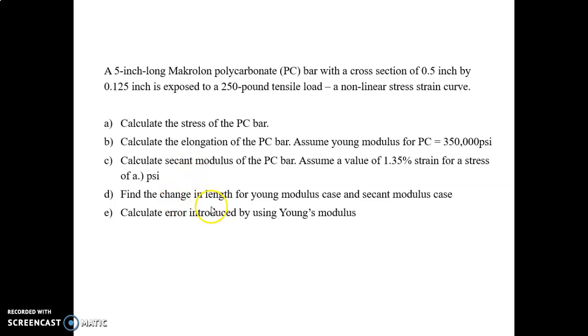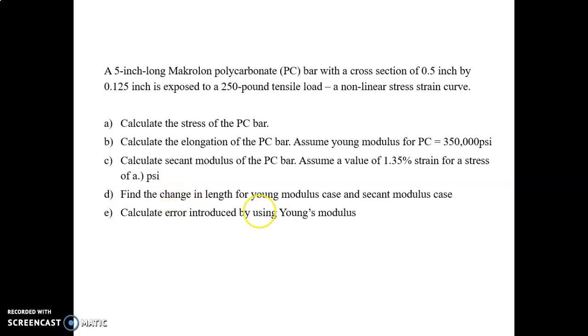Alright, find the change in length for yang modulus case and secant modulus case. Dan D ni kita boleh guna formula change in length divided by original length. Okay, so untuk kita cari change in length, okay, kejap. Untuk soalan D, kita kena guna formula strain sama dengan change in length divided by length.